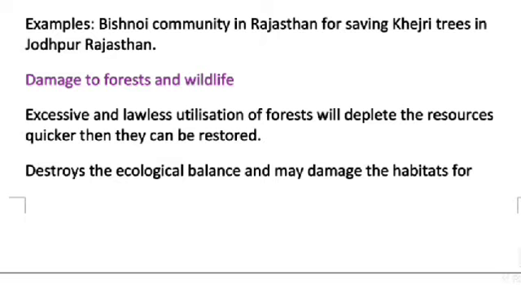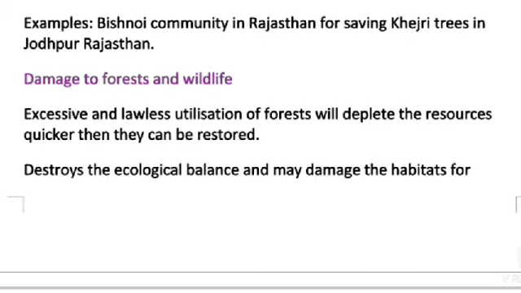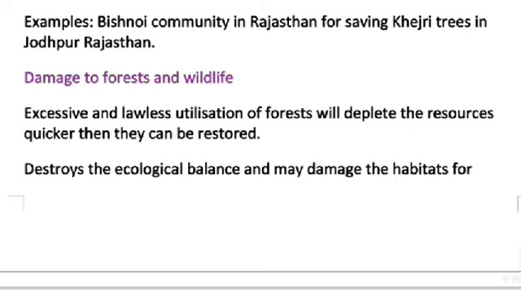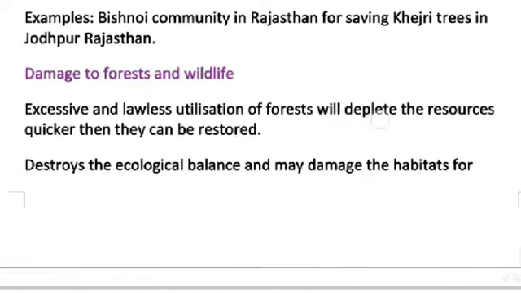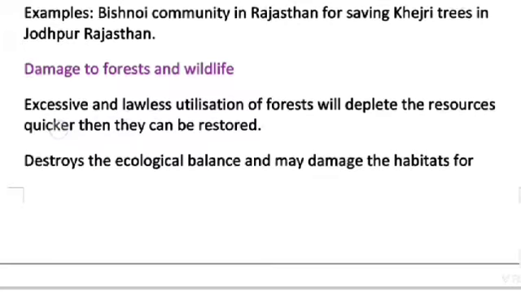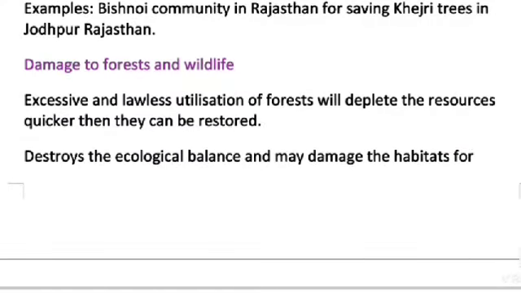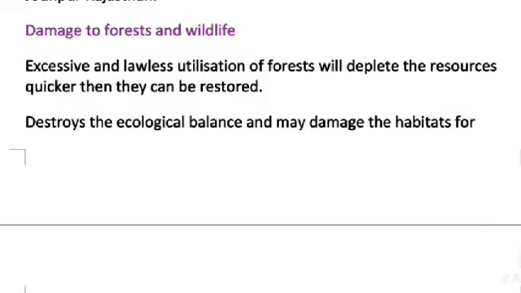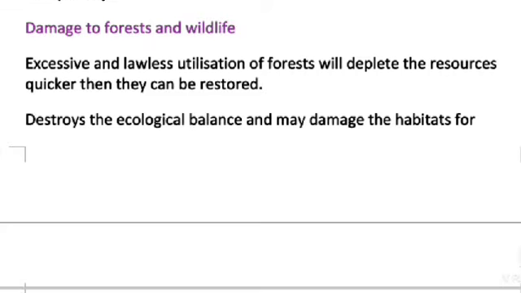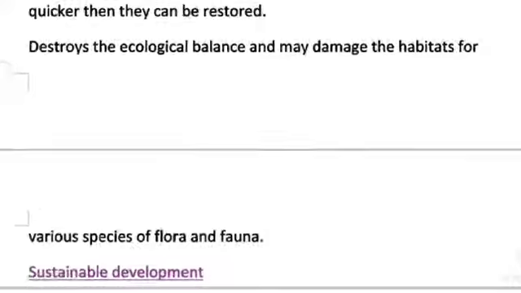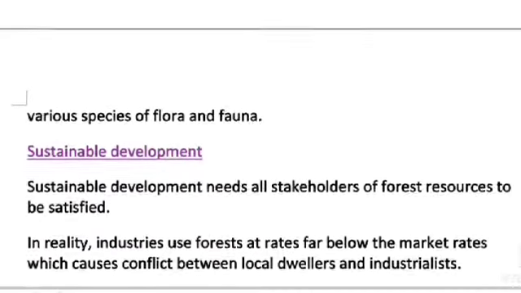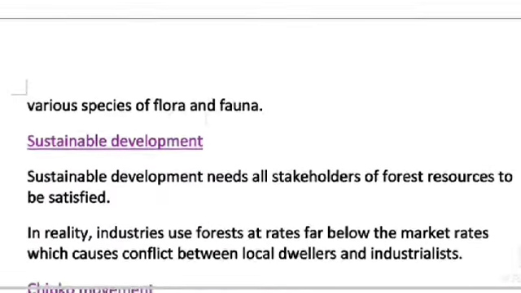Damage of forest and wildlife. Excessive and unplanned utilization of forest will deplete the resources quicker than they can be restored. It destroys the ecological balance and may damage the habitats for various species of flora and fauna.